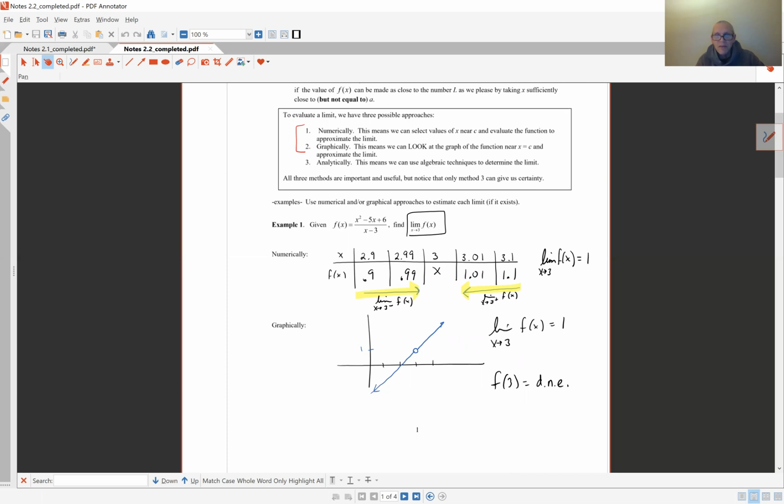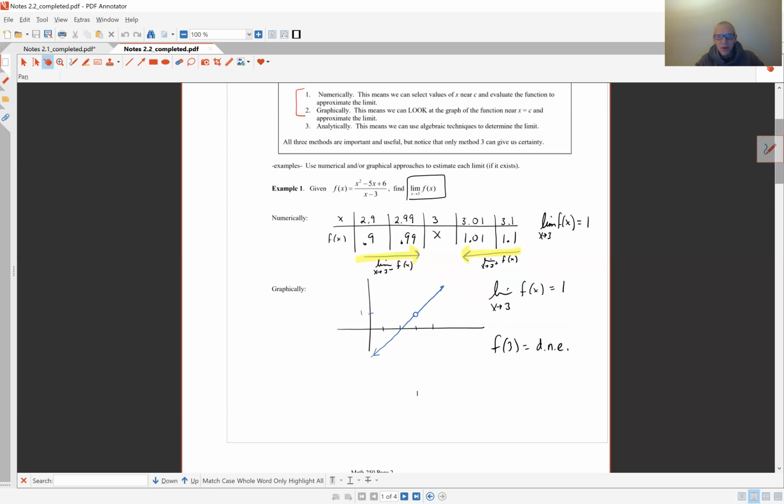Then if you approach 3 from the right, again f of x is equal to 1. The one thing we can see is that f of 3 does not exist, DNE. There's a hole there. The function is defined everywhere except x equal to 3, and that's where the hole is.